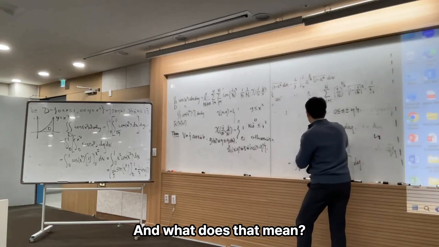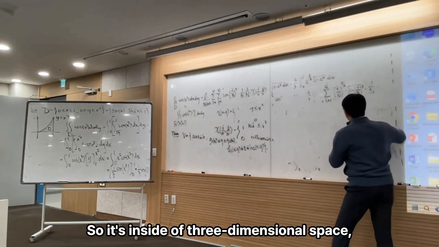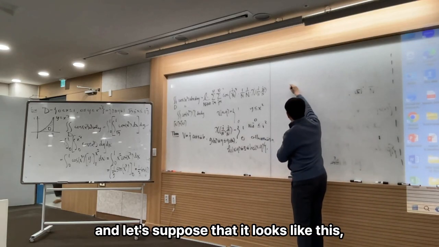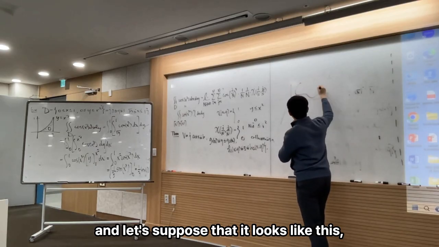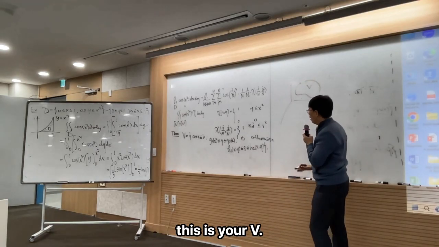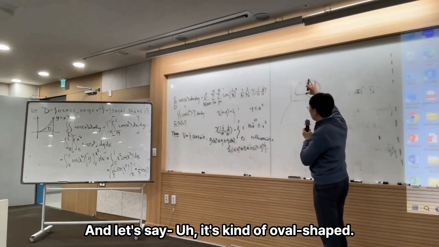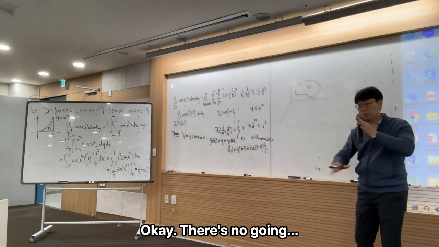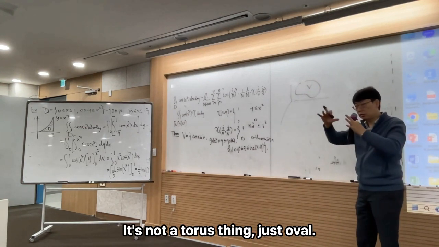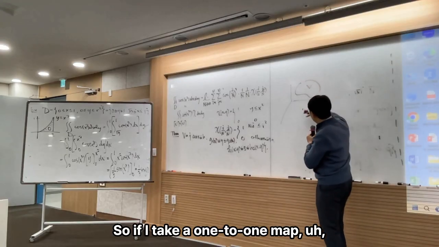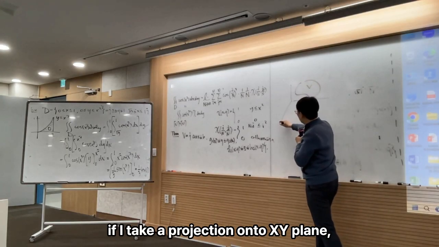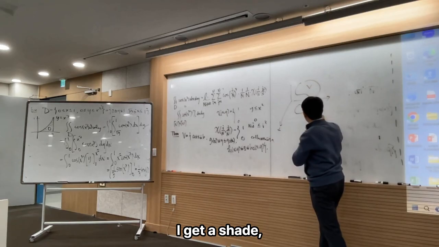What does that mean? It's inside of three-dimensional space, and let's suppose that it looks like this. This is your V, and let's say it's kind of oval shaped. It's not a torus, it's just oval. If I take a projection onto the xy plane, I get a shade.